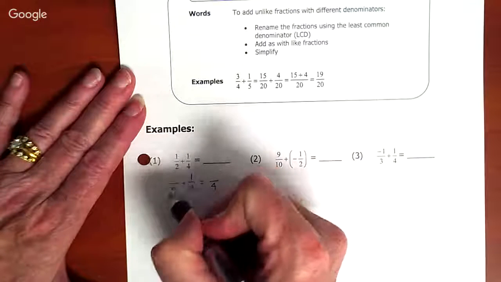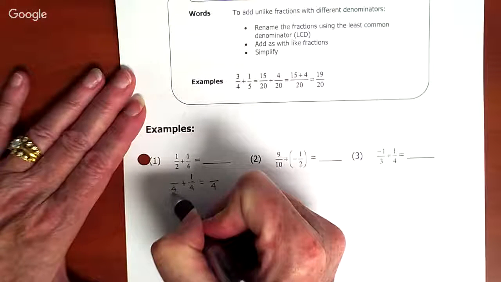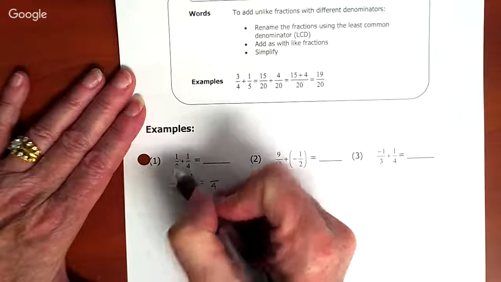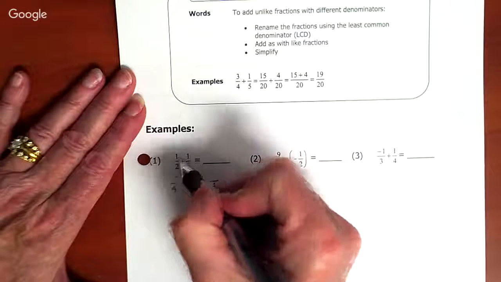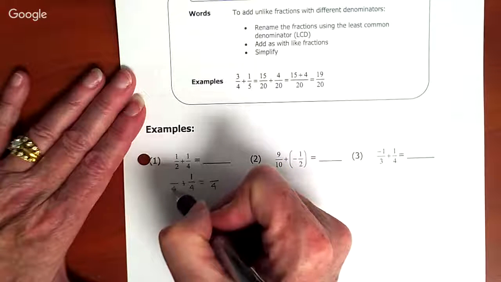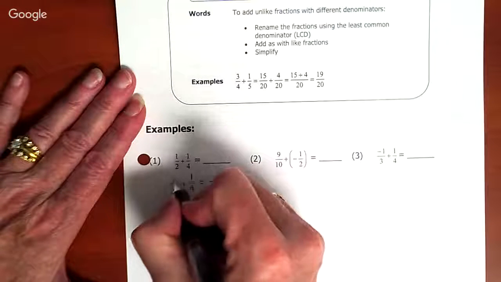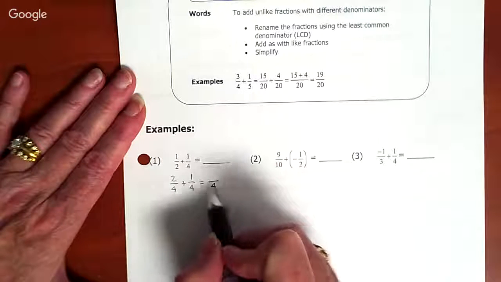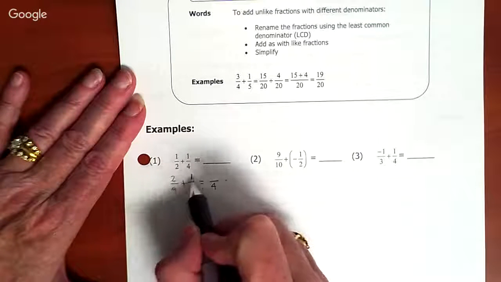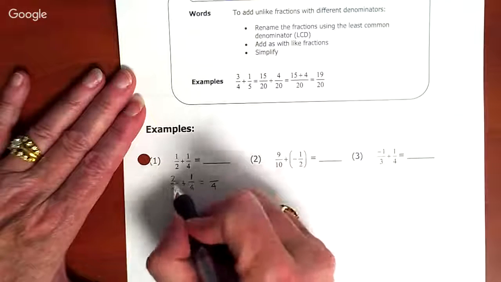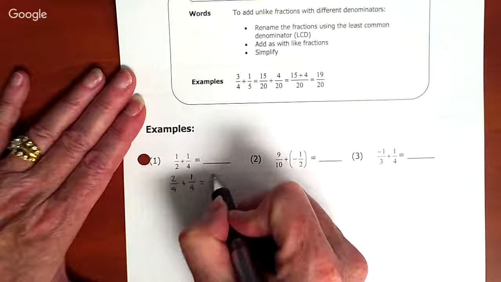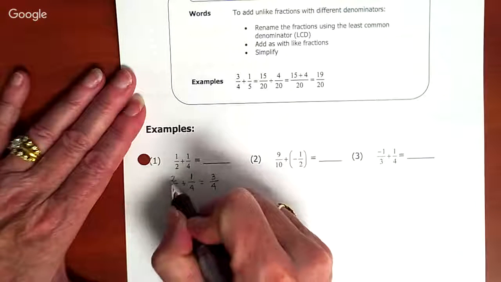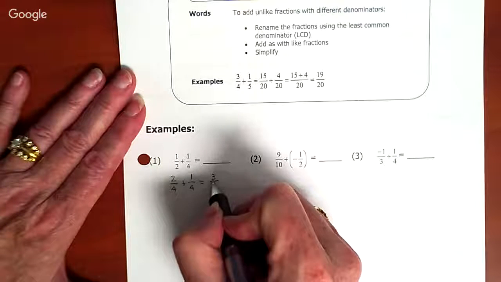Here, 2 times what is 4, which is 2. So whatever I do to the denominator, I have to do to the top. Because 2 times 2 is 4, 1 times 2 is 2. And then I add. Because my signs are the same, I add my two numbers. 2 plus 1 is 3. Keep the sign of the larger, which is positive, so is my answer.